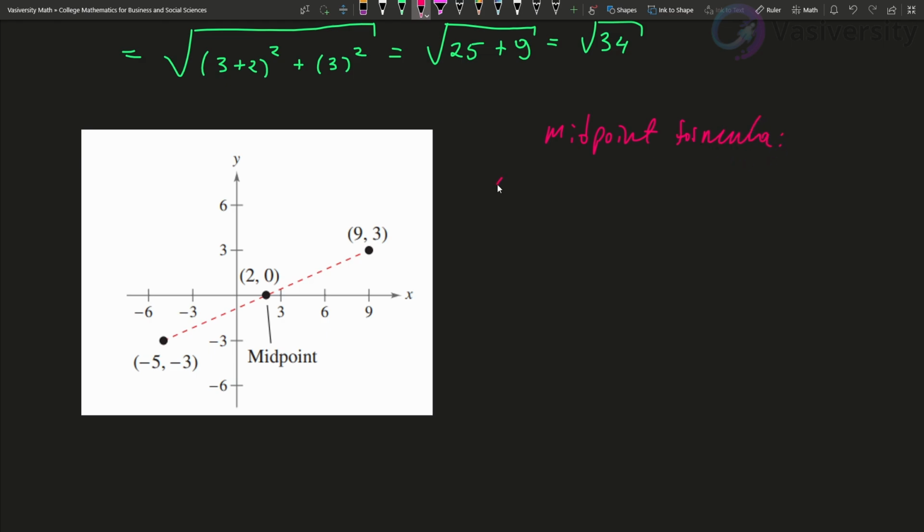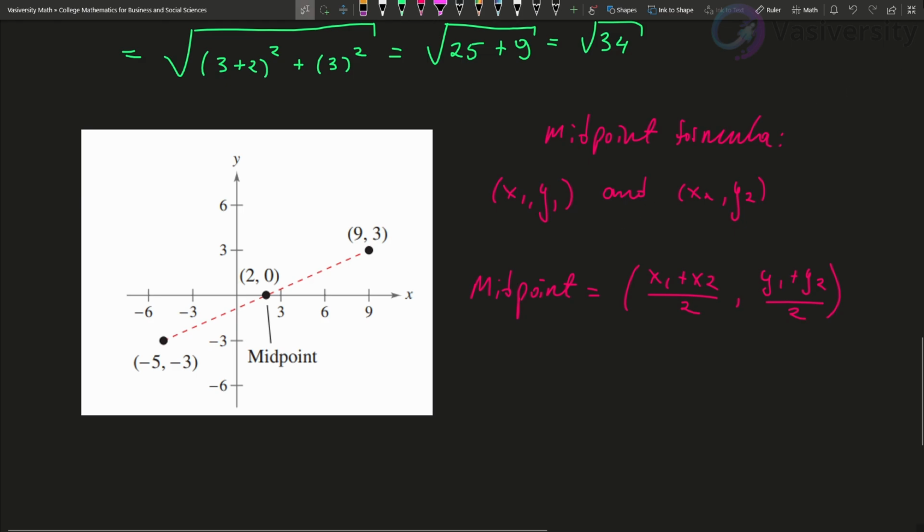If we're given point x1, y1 and x2, y2, then the midpoint between those 2 points is going to be x1 plus x2 divided by 2, y1 plus y2 divided by 2.